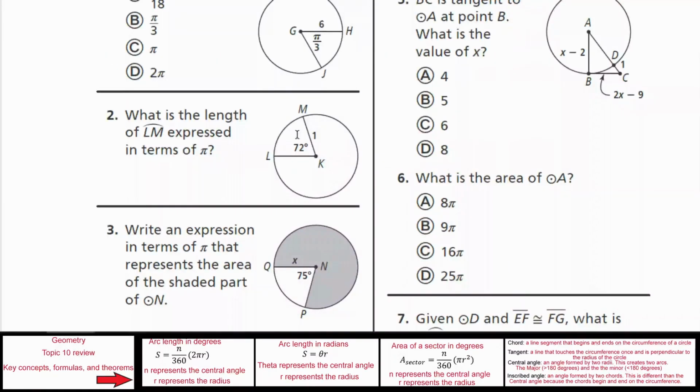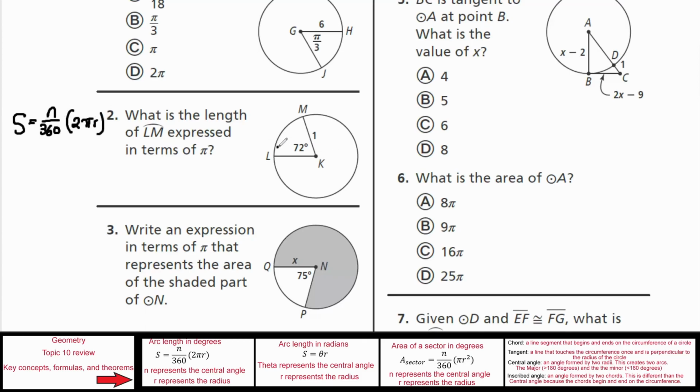All right, for number 2, we can see this one's clearly in degrees because it gives us a central angle of 72 degrees. And what we're going to do now is go down to the bottom and reference this if we haven't memorized it yet. The arc length when we are looking at degrees is equal to the central angle divided by 360 times 2 pi r.